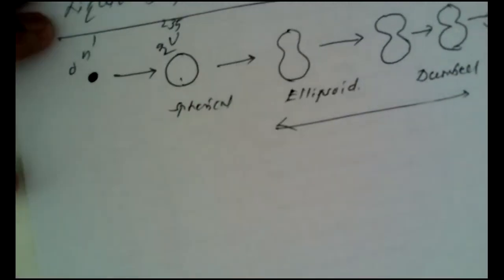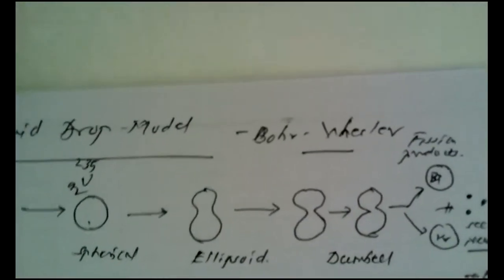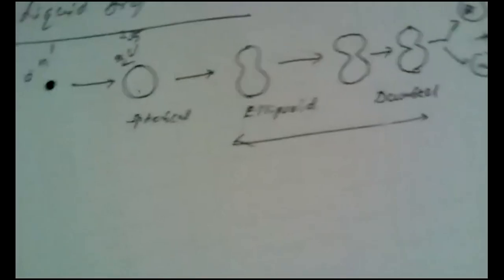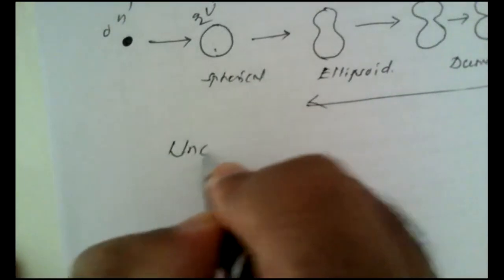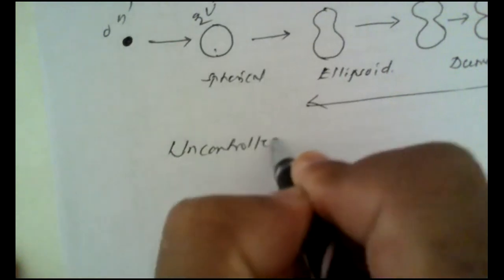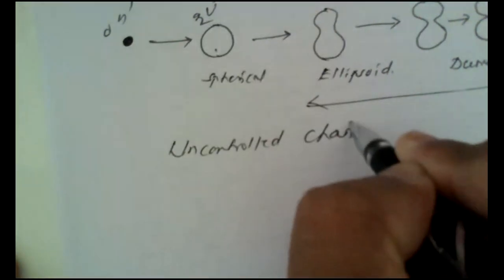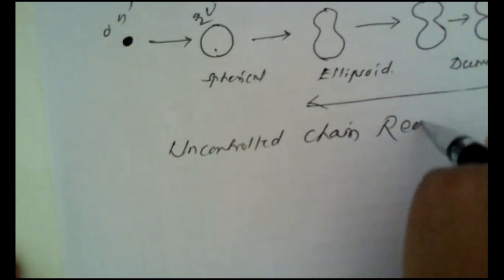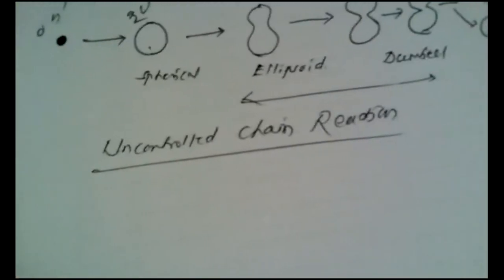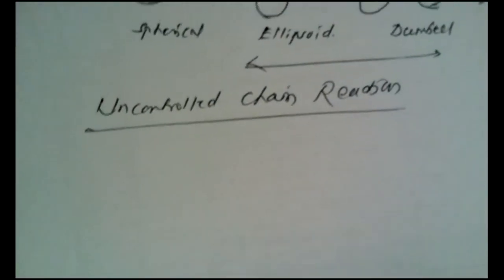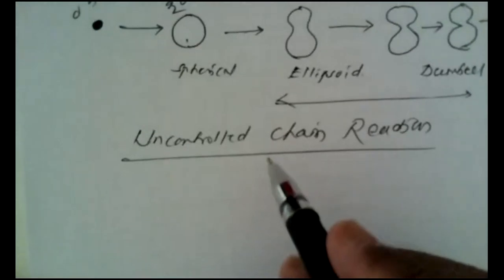If a separate question is asked on the uncontrolled chain reaction, you have to write the heading, the uncontrolled chain reaction, and draw this diagram. It is very interesting to study this diagram.